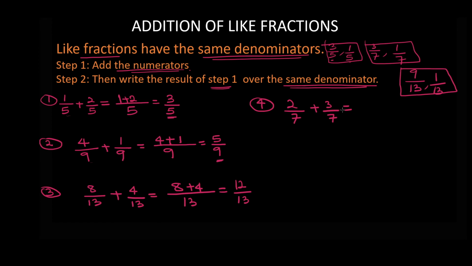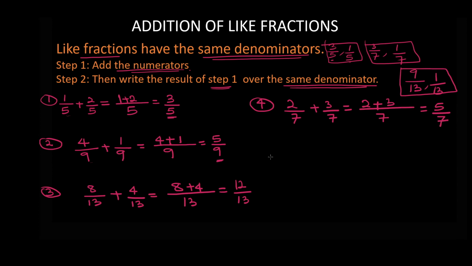Alright, let's see if you were able to get the right answer. Again, 2 and 3 are the numerators, so that will be 2 plus 3. And the denominator is 7. So in that case, that gives me 2 plus 3 is 5 over the denominator 7.